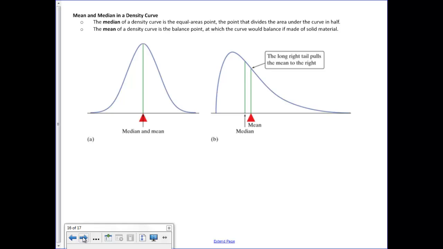If it's skewed, your mean is going to be slightly further into the tail. Two things to pay attention to. Your median is your equal areas point, and your mean is like the balancing point. So if you were to balance it, where would you balance it? Here's where we would balance it. This median is like the equal areas point. Where's the area equal on both sides of it? Cool?